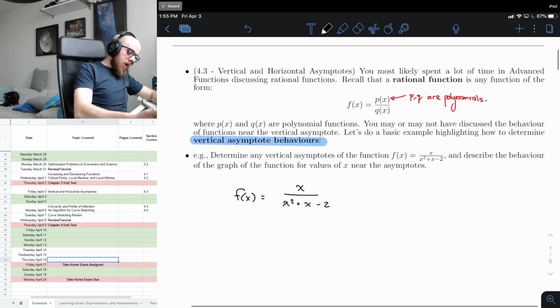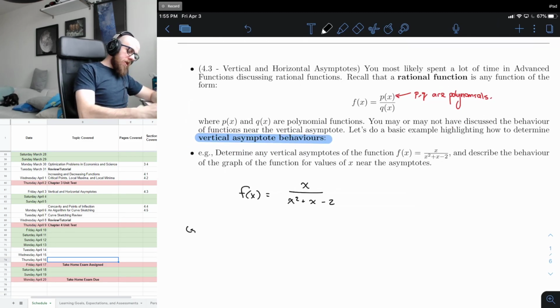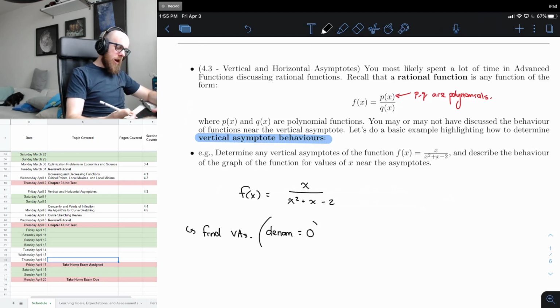My first step here is let's just find our vertical asymptotes. To find the vertical asymptotes, we're going to figure out all the values of x that make the denominator equal to 0.